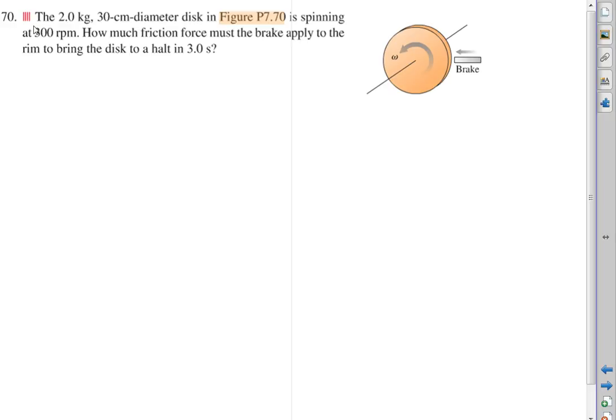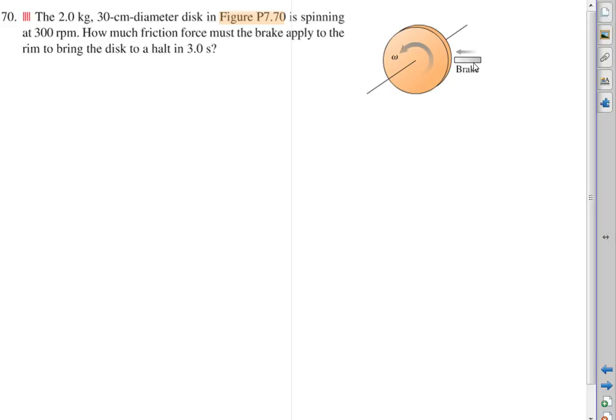It says the 2 kilogram, 30 centimeter diameter disc in this figure right over here is spinning at 300 RPMs. How much friction force must the brake apply to the rim to bring the disc to a halt in 3 seconds?